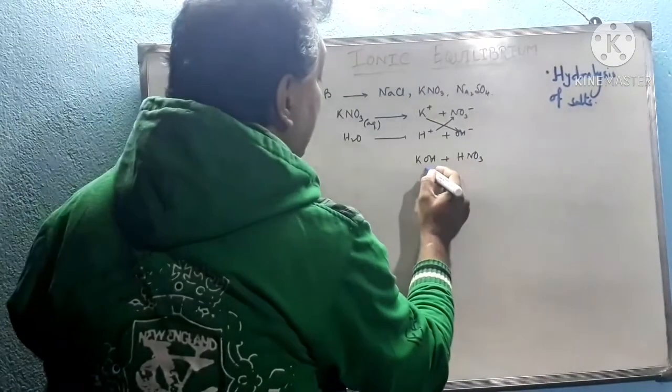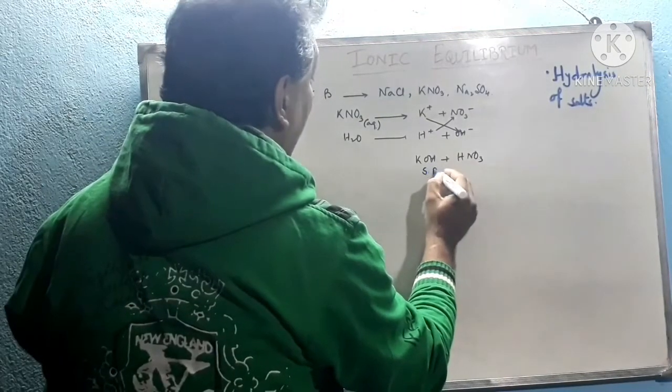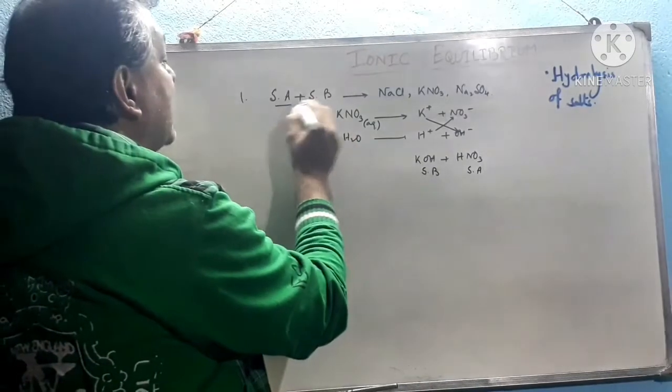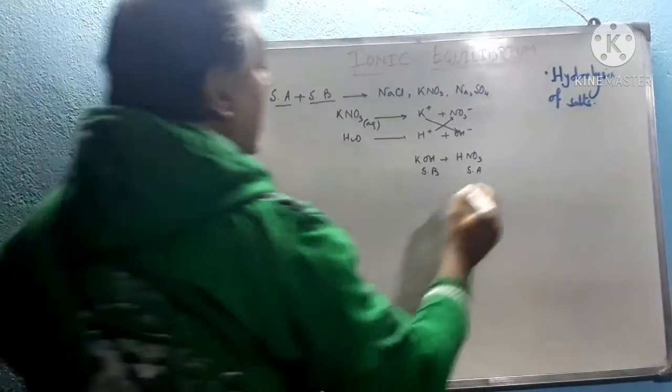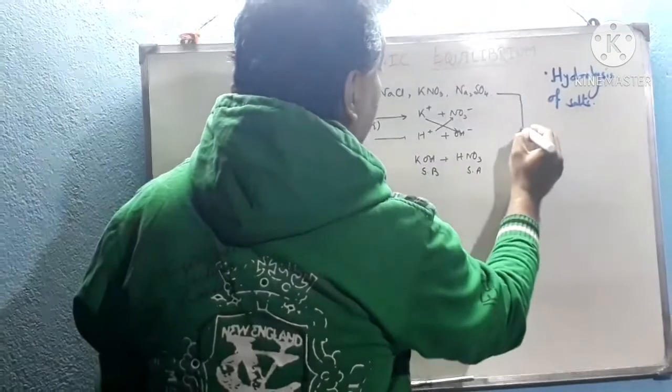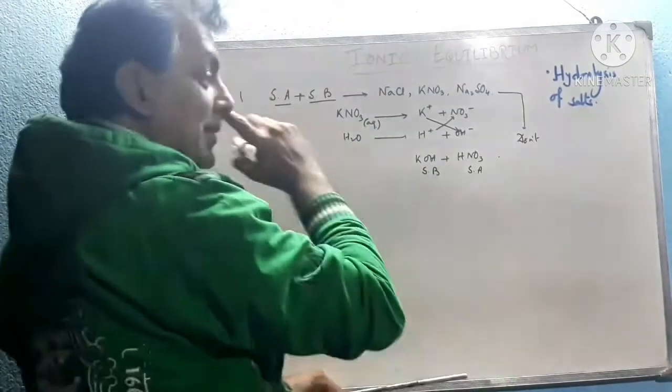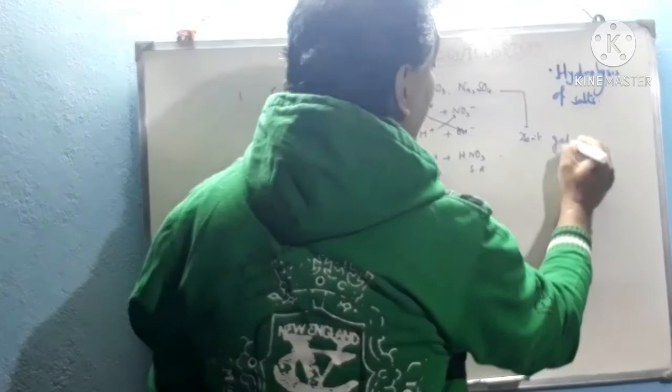We know that KOH is a strong base and HNO3 is a strong acid also. So this type of salt, strong acid and strong base, doesn't get hydrolyzed.